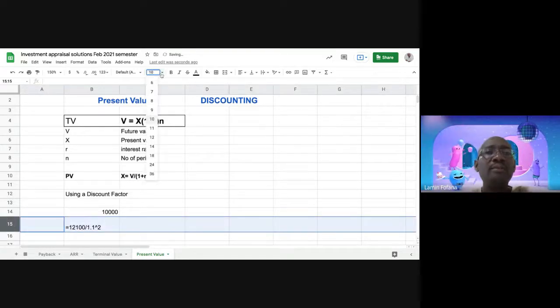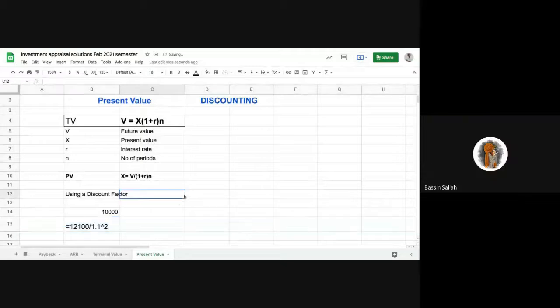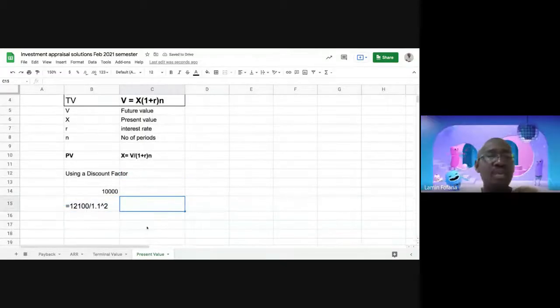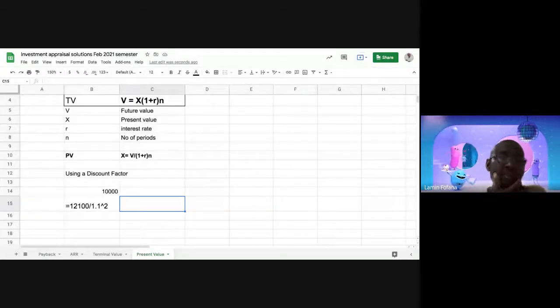Yes. So 12,100 is the V, which is the future value. We say divided by 1.1, which is what we have in the bracket here, raised to power 2.